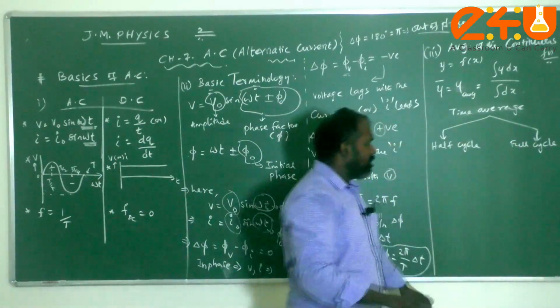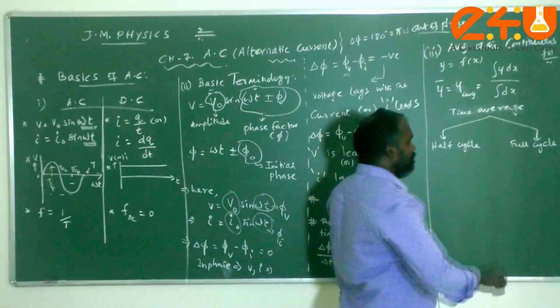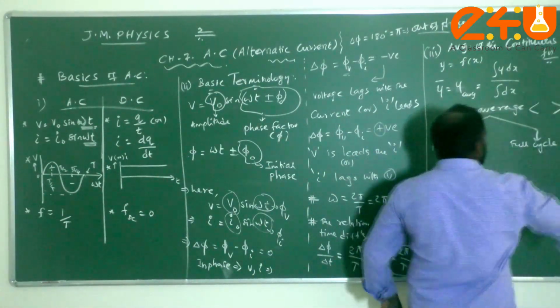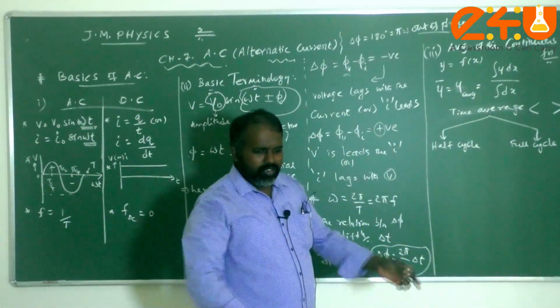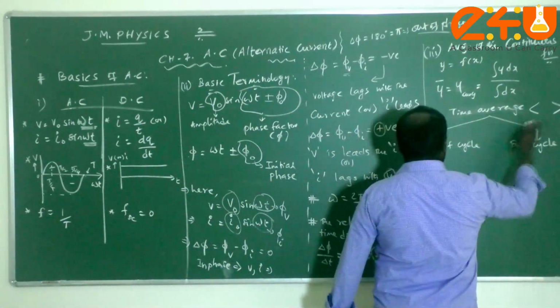Generally, things measured with respect to time variation are called time averages, which are denoted by a bracket symbol like this.